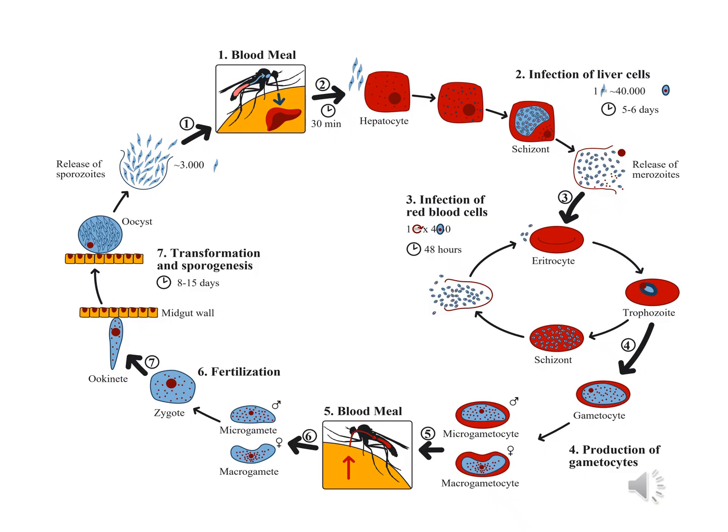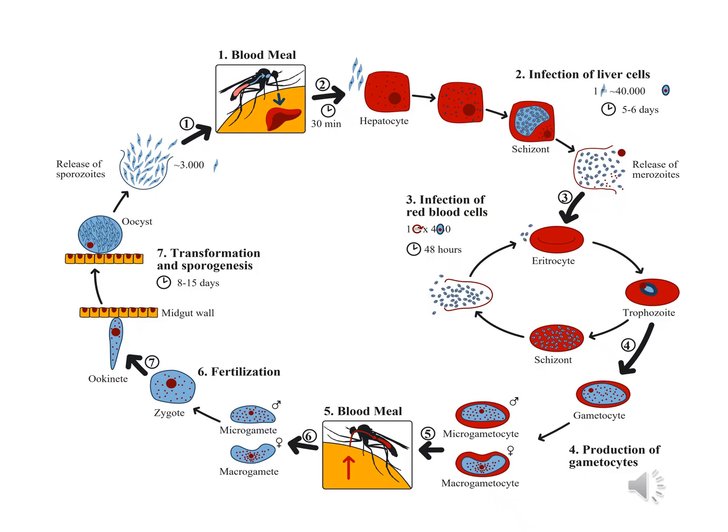The merozoites are liberated into the bloodstream and they get into the erythrocyte where it will be converted into trophozoites and later on to gametocyte. These gametocytes, when the mosquito bites the infected person, enter into the gut of the mosquito where the fertilization happens.